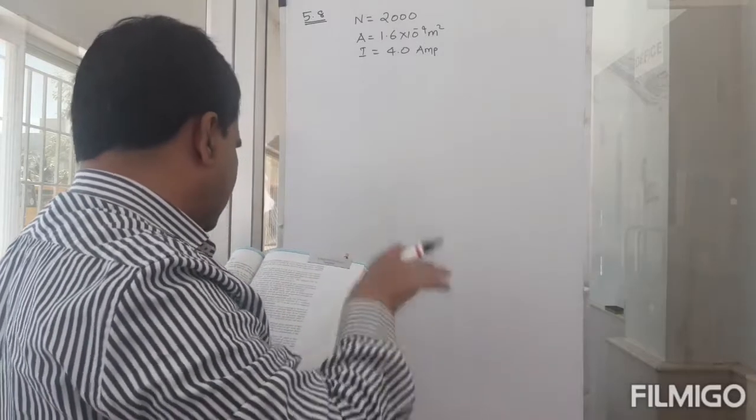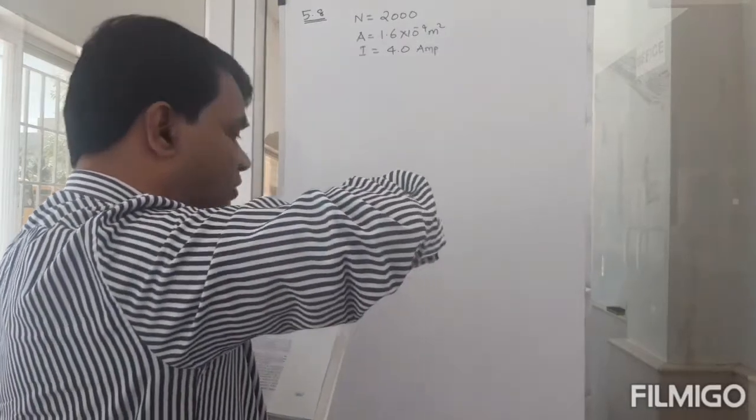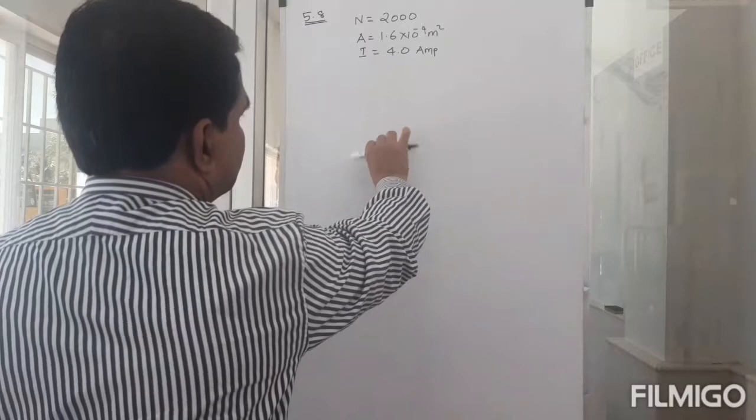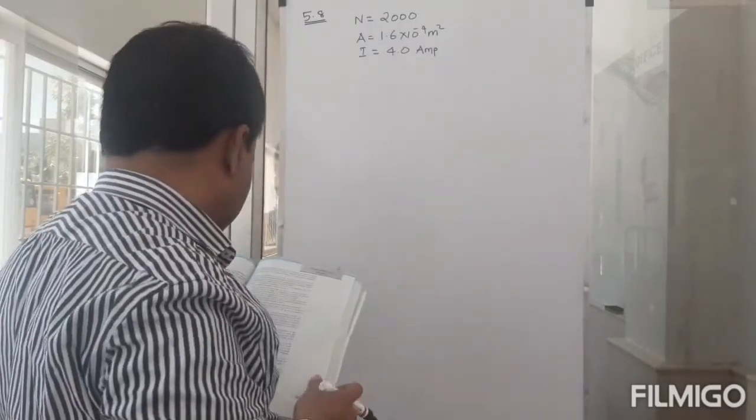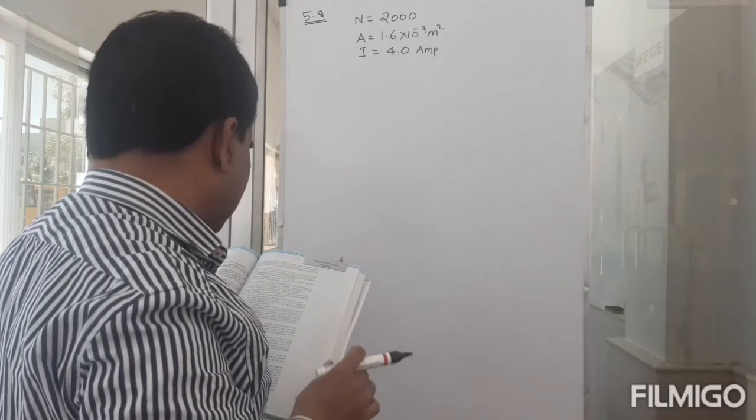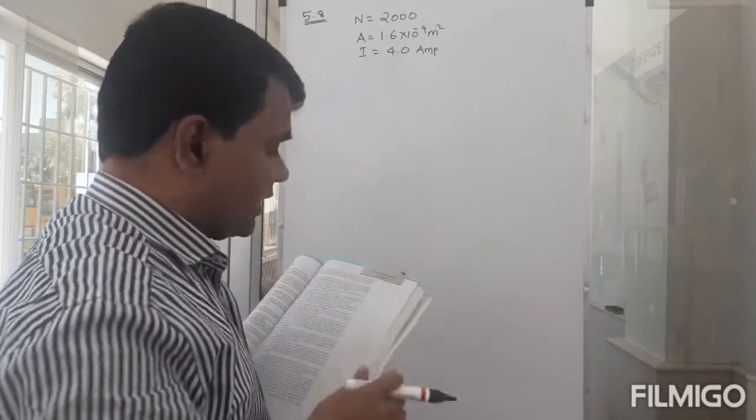Then it is suspended through its center, allowing it to turn in a horizontal plane. So it is like this. You can turn in a horizontal plane. And what is the magnetic moment associated with the solenoid?